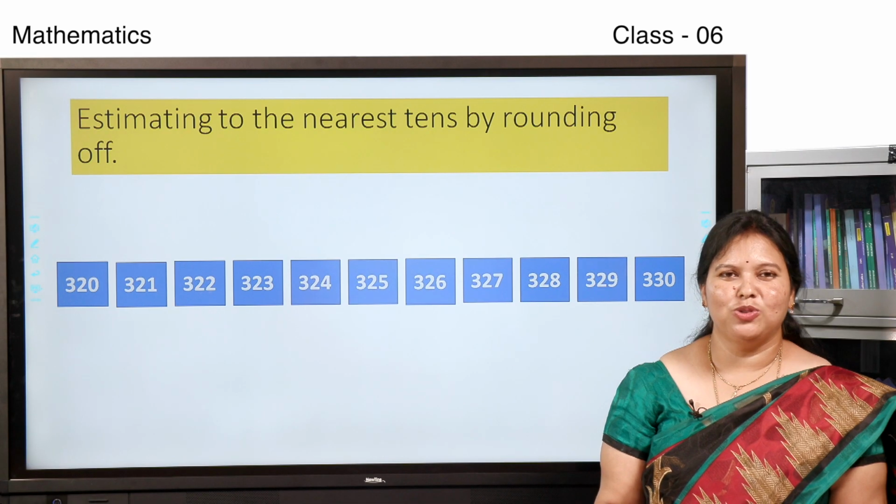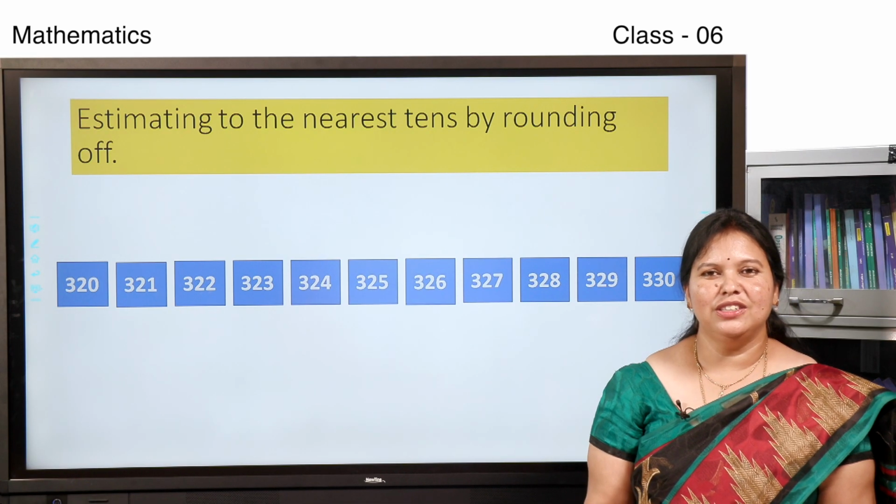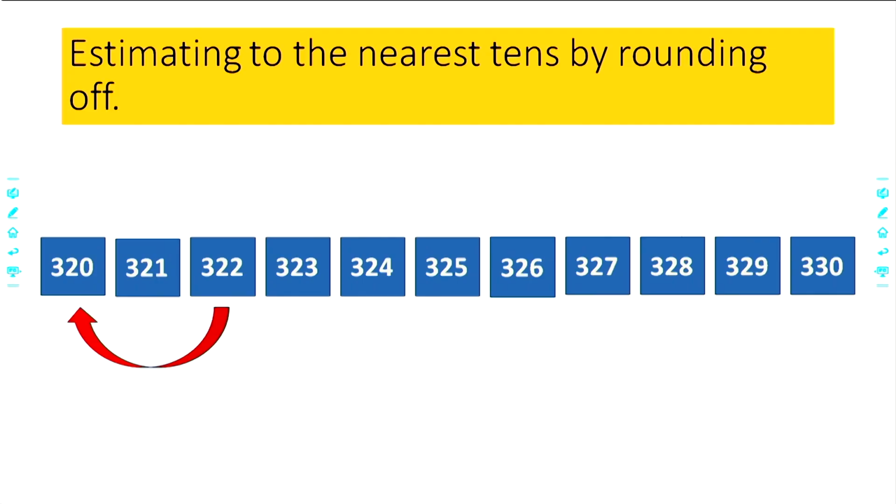We will take up one more example to estimate to the nearest tens by rounding off. Here, 322 is nearer to 320, so we round it off as 320. 323 to 320. Similarly, 324 is round off to 320. Like the same way, 329 is closer to 330, so we round off 329 to 330.